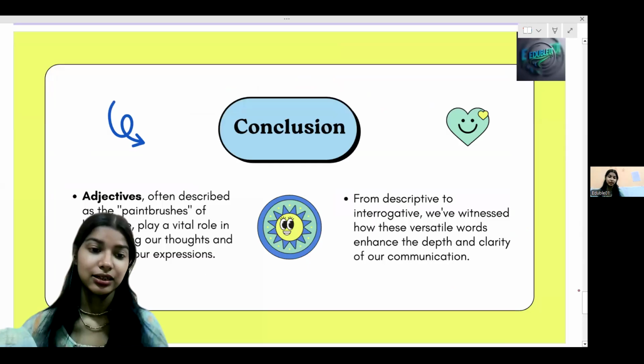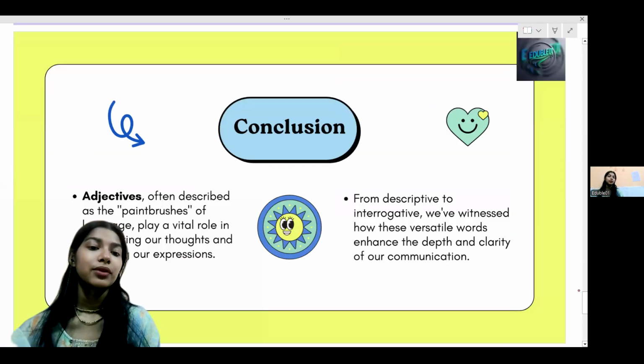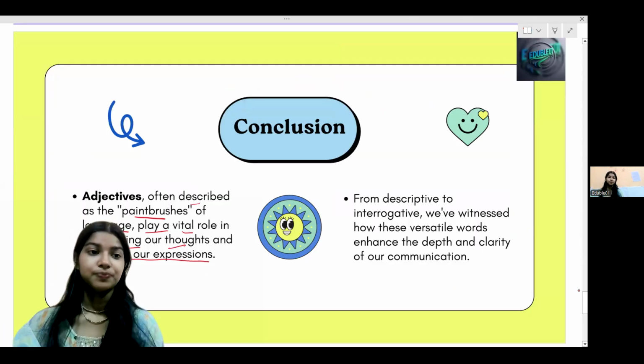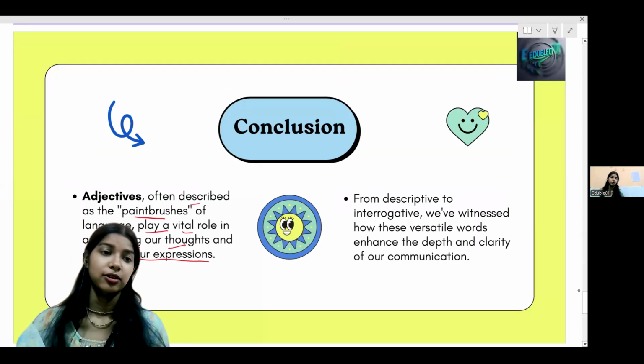Okay, so now let's end it with the conclusion that adjectives are often described as the paintbrushes of the language that play a vital role in articulating our thoughts and enriching our expressions. Without the adjective, the sentence will be nothing. Just like we are making a painting on a canvas, but we don't have any paintbrush.